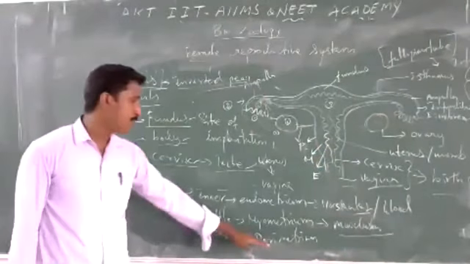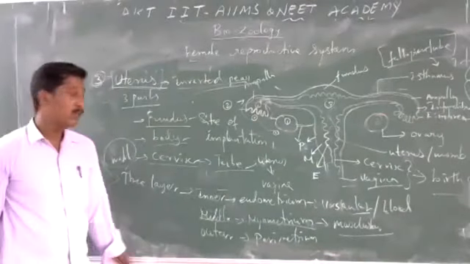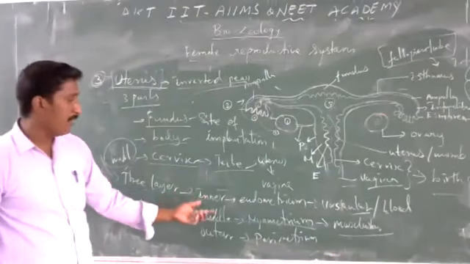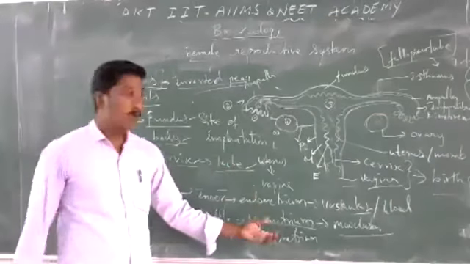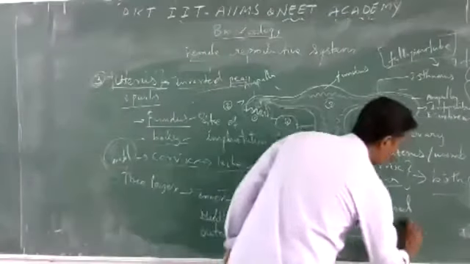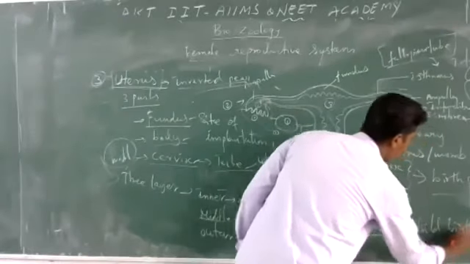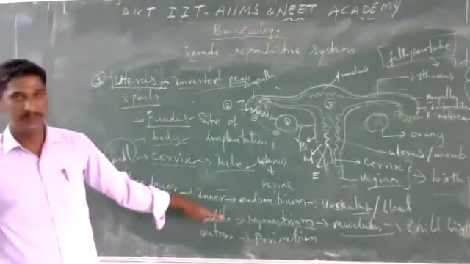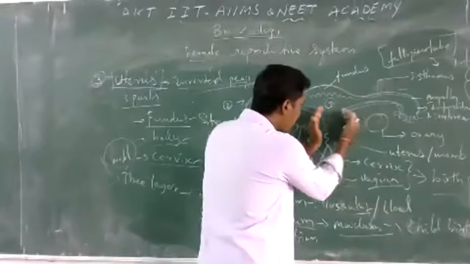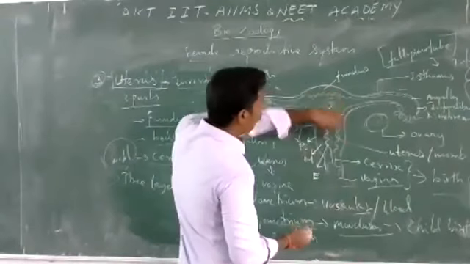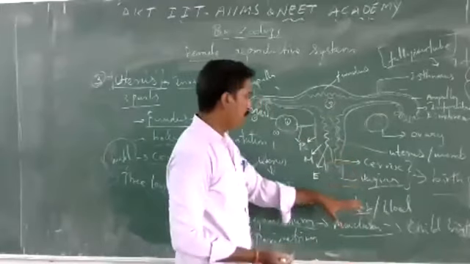The outermost is the perimetrium. The myometrium is one of the important layers because it helps in parturition, in childbirth. The strong contraction of the myometrium pushes the fetus or baby towards the vagina for delivery.